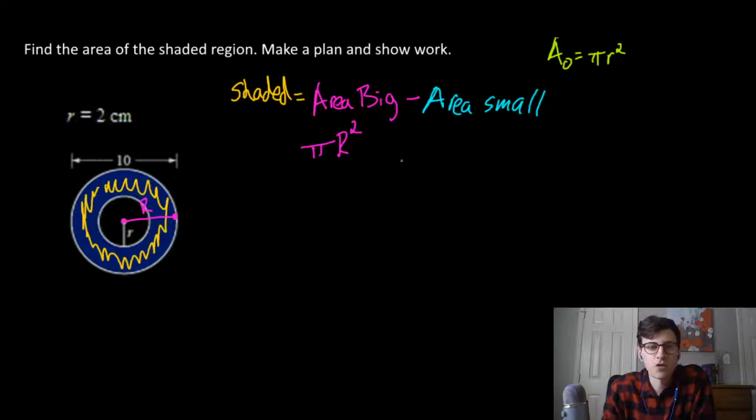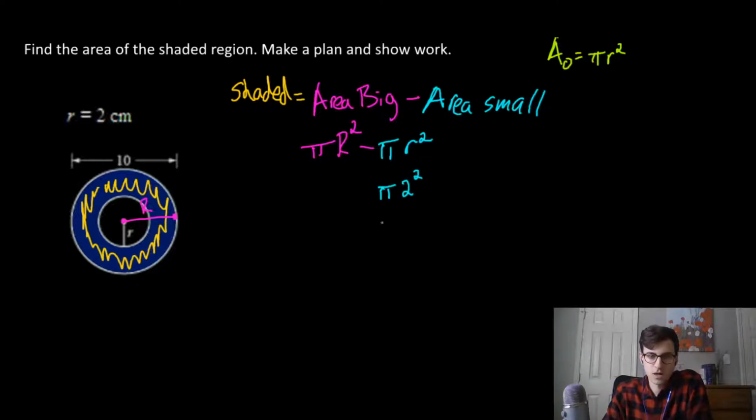And the area of the small circle is pi times little r squared. Fortunately, it gives me little r, so this is pi times 2 squared, so that's 4 pi.